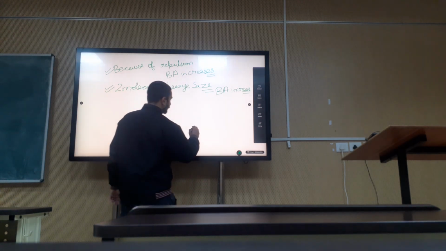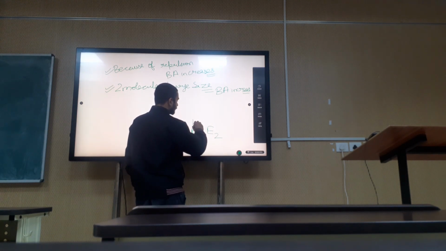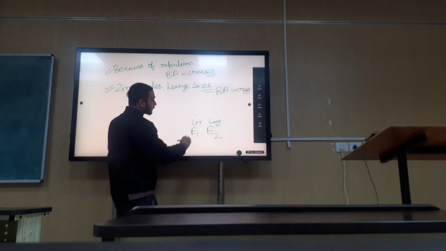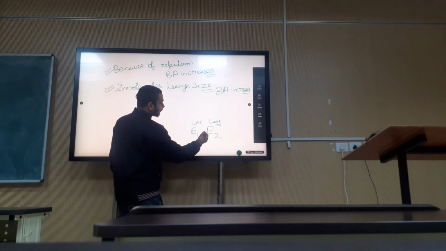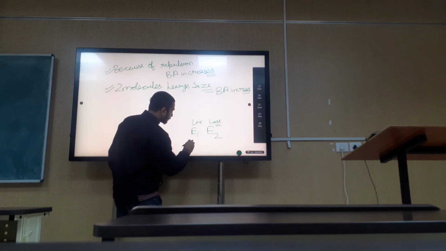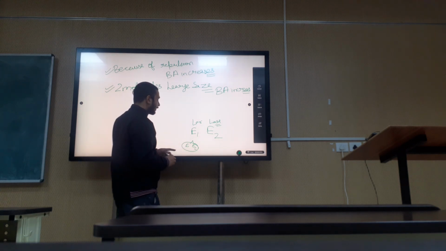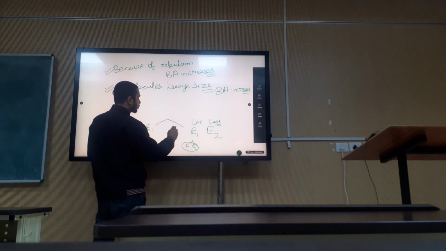Because this is element E1 and this is element E2, both are having large size, and this is also large size. So to make a bond, this bond angle should increase, because if it has a smaller bond angle, suppose this is a smaller bond angle, then with E1 and E2 it will be very difficult to fit these elements in this particular compound. So the bond angle increases so that there is enough space to fit these two elements E1 and E2.